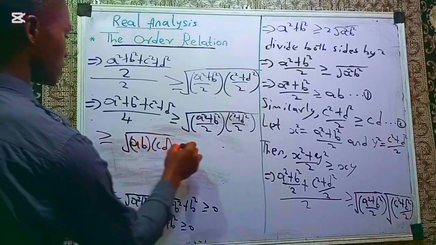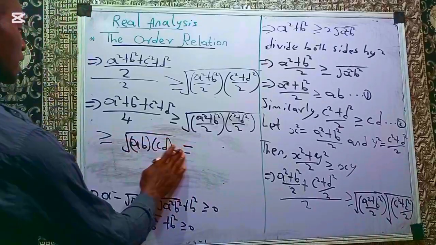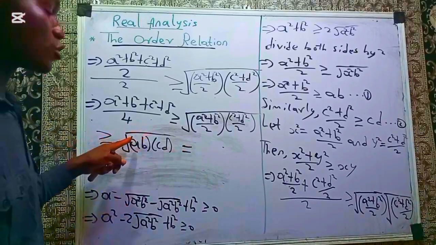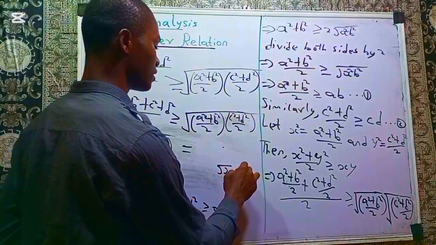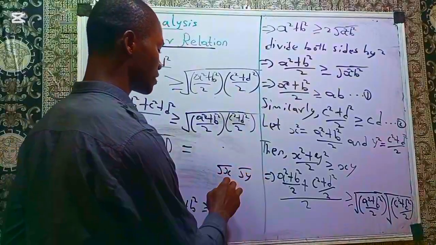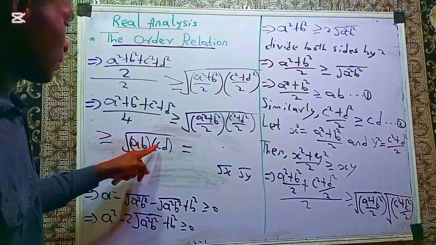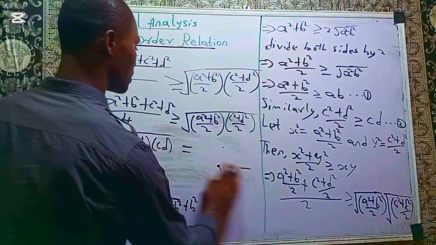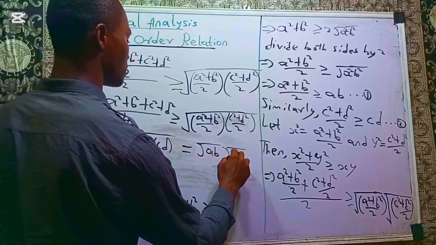So this quantity, let's just write here square root of... I told you that square root of x multiplied by square root of y is the same thing as square root of xy, right? So square root of ab multiplied by cd, that's square root of abcd, will be the same thing as square root of ab times square root of cd.